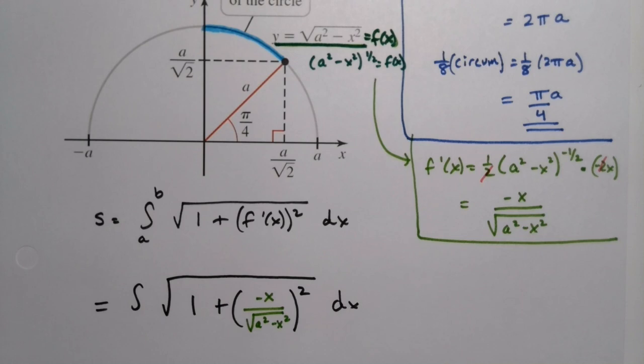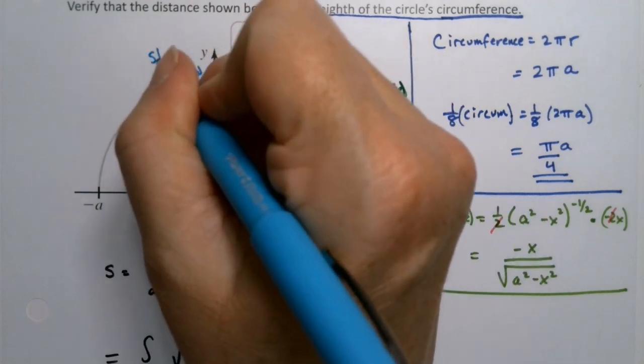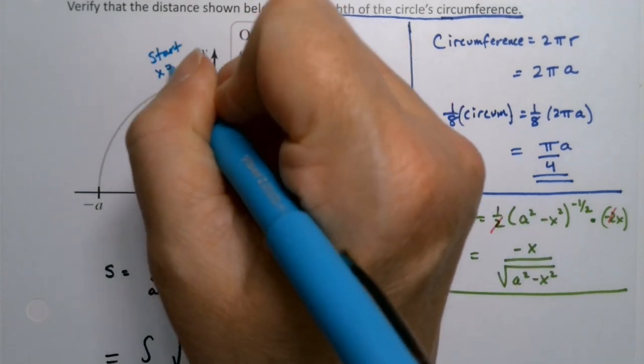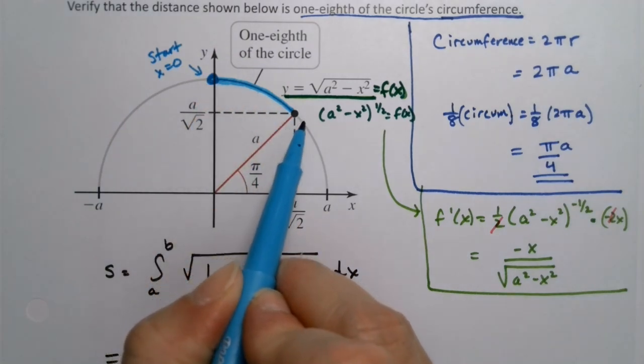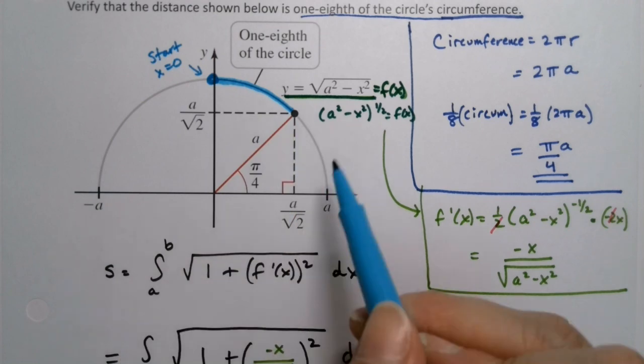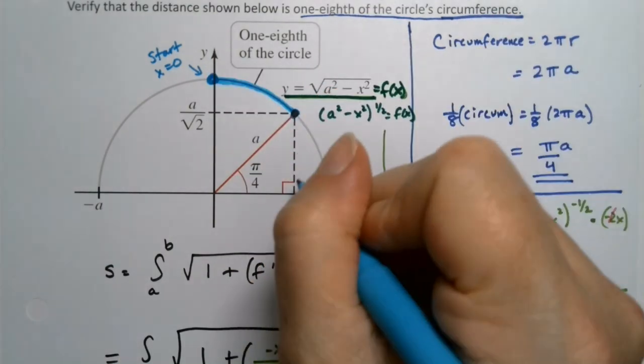Now what about my x values? I start over at the left and I work my way to the right. If I look at my arc on my circle, the x value here, which is the start, is x equals 0. And we move over here to the right, which is x equals a over the square root of 2. So this is the end.